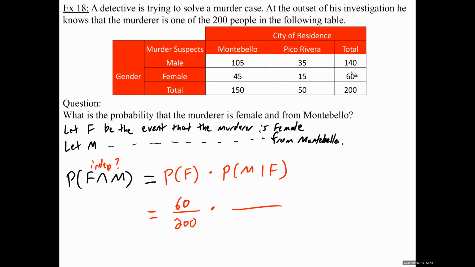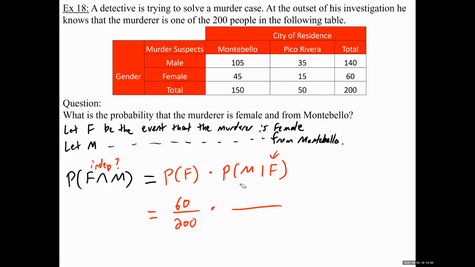Okay, another reason I'm doing this problem is for this conditional probability part. I want to show you how to do a conditional probability when you're given a contingency table like this. So now, this is how this is going to work. This is new information. In other words, we know the murderer is female. Now figure out the probability the murderer is from Montebello.